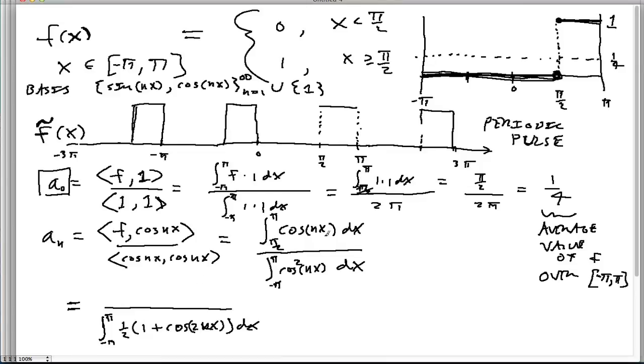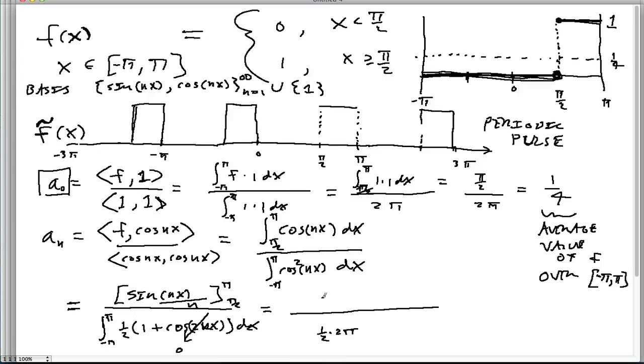And the top we can actually compute straight away. The antiderivative of cosine nx is sine nx, but then we of course divide by n, and we evaluate from pi over 2 to pi. And the bottom integral, the integral of cosine 2nx over negative pi to pi, is going to be 0. So we're left with only 1/2 times 2 pi.